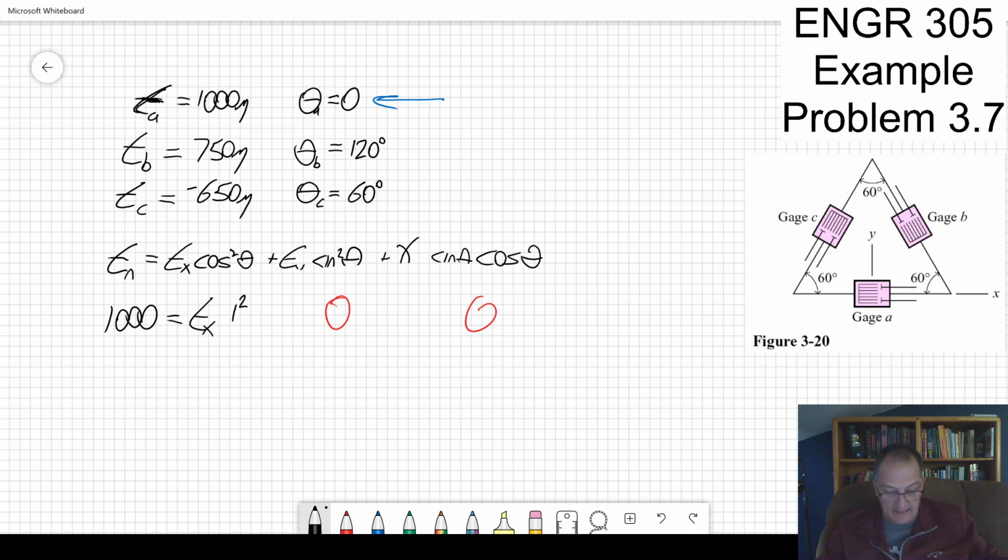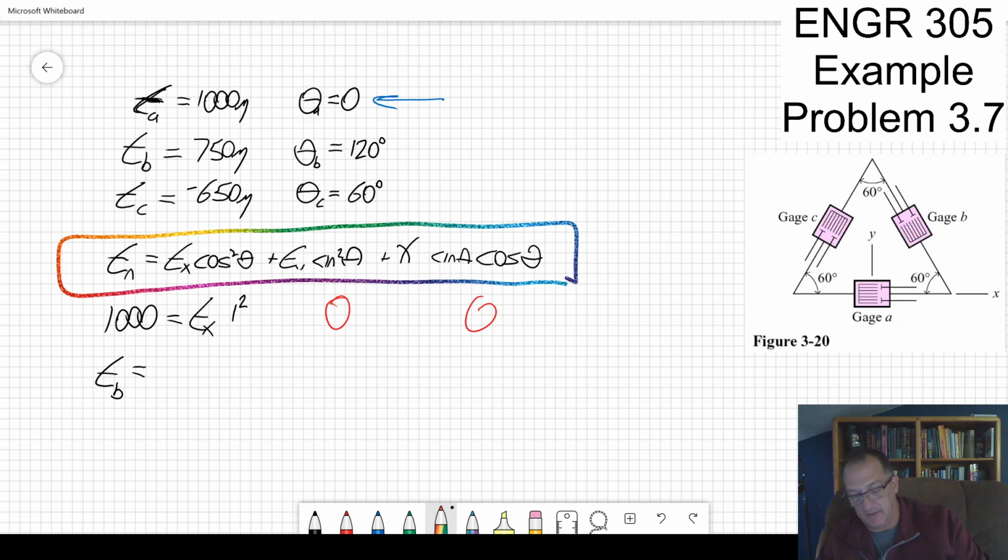But got that. Now, EB, the strain in the B direction, that is when the angle is 120. And so that's equal to, and I'm going to write the equation again. Maybe I should just cut and paste it. EX, should I have already substituted in?